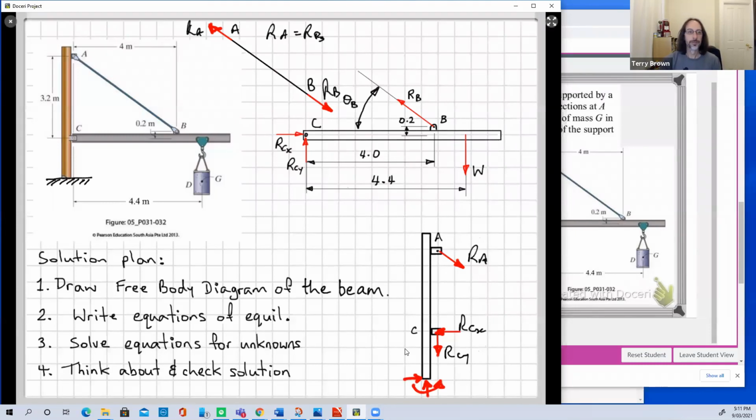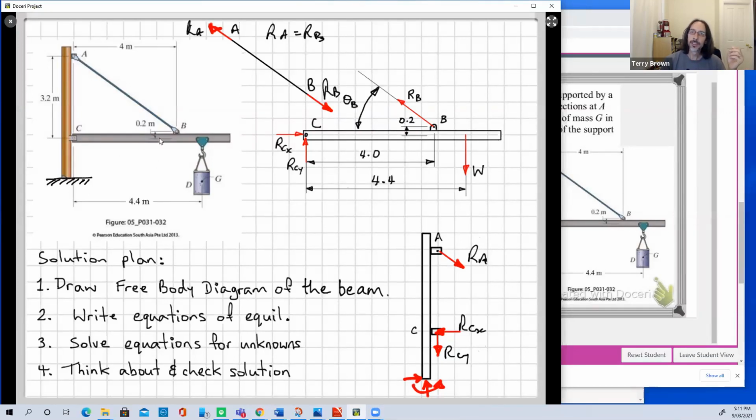Okay, so to make this an even more practical problem than it is, in these problems, they never tell you why you're calculating these forces. But if you were designing this gantry crane, then you need to size this cable or choose the material.